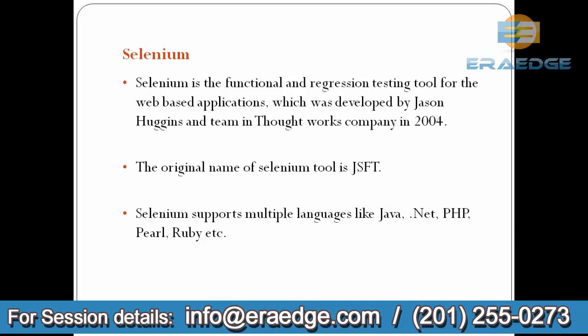Selenium is a functional regression testing tool for web-based applications, and it was developed by Jason Huggins. Jason Huggins and team are Java developers, and they designed a framework to perform their unit testing. Unit testing is something that comes at the development end.